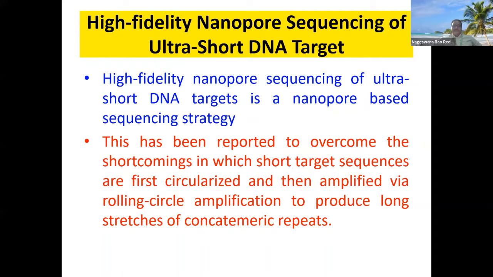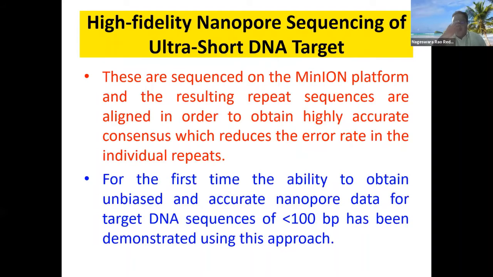First the DNA is circularized, then amplified via rolling circle amplification, and then it produces concatenated repeats of the sequences. Okay, so this is what is followed here. These are then sequenced on a MinION platform.